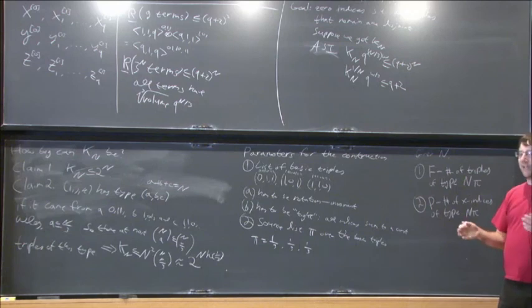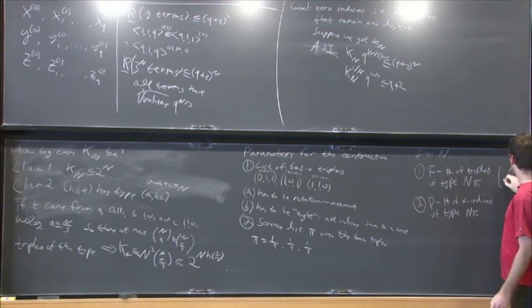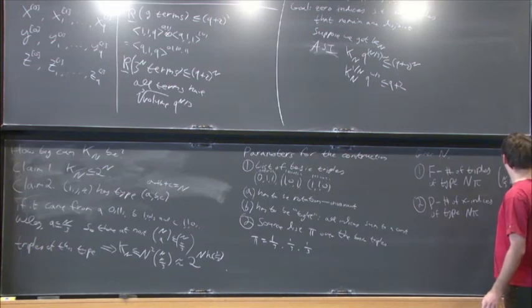So an x index is of type n pi if it occurs in some triple of type n pi. Okay, so in this case, this is n choose n/3, n/3, n/3, and here it's n choose n/3.